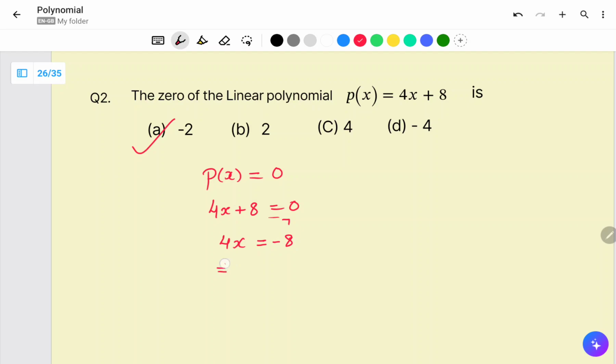So from here we can write x is equal to -8 divided by 4. So 4 into 1 is 4, 4 into 2 is 8. So we'll get -2. So therefore the correct option is A, that is -2.